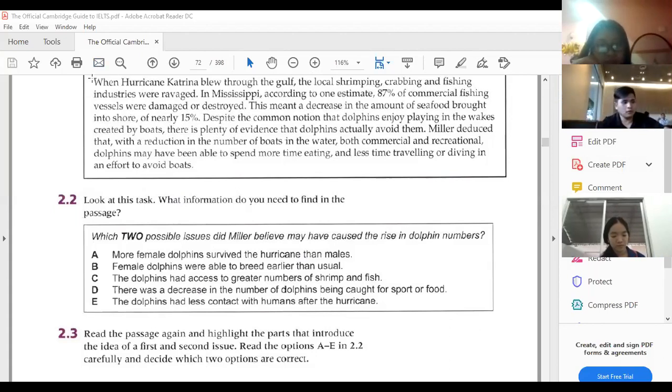So from the start until the 15%, what did this paragraph mainly cover? You see some numbers, you see wording about shrimping, crabbing, and fishing. So what did they cover from when until 15%?